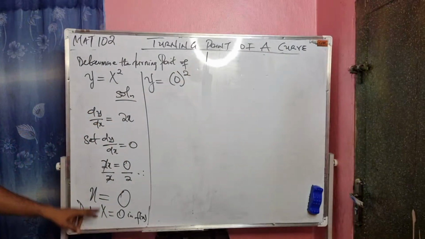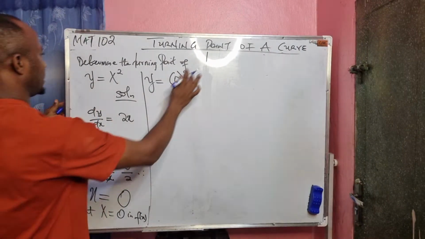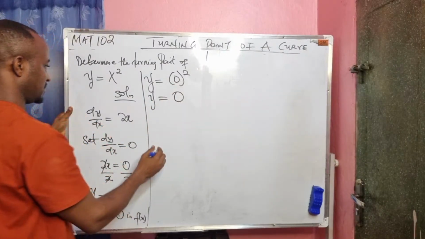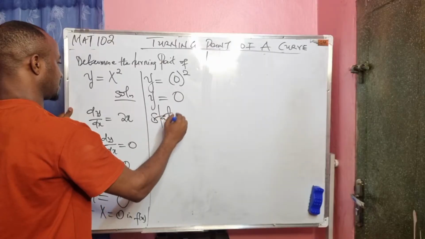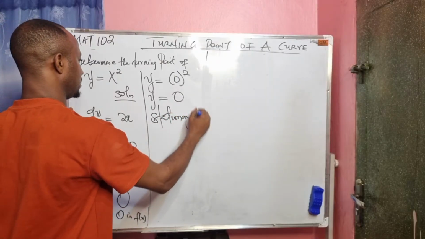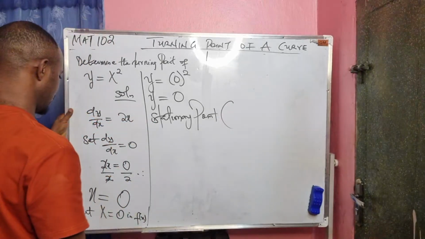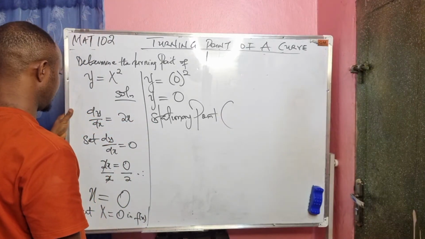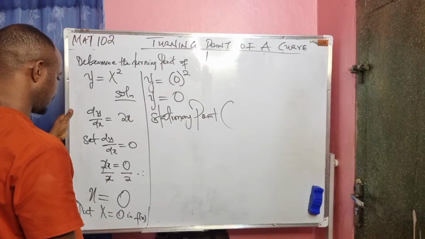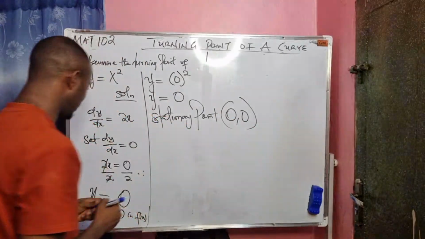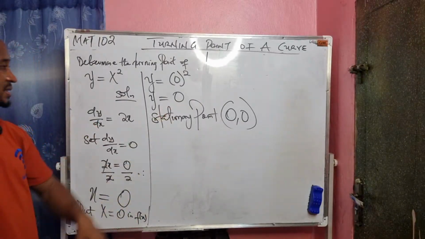I'm putting back my x into this function. So y equals 0 squared. 0 squared is still 0. Therefore, the stationary point will definitely give us 0, 0, because the value of x is 0, y is 0.